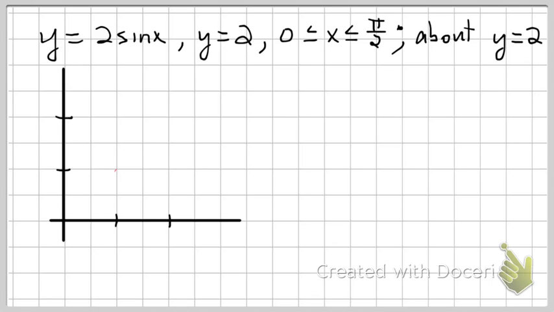So again, we wind up with 0, 2 here. We've got pi halves. Pi halves is a little over 1, right? What's pi halves approximately? 1.6. Sure. So there's 1.6.